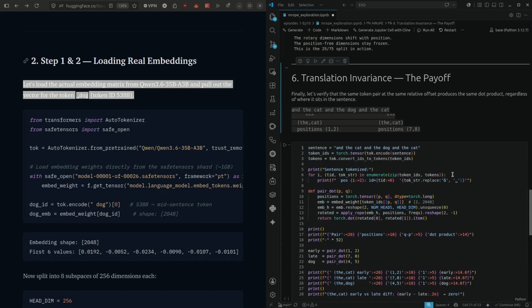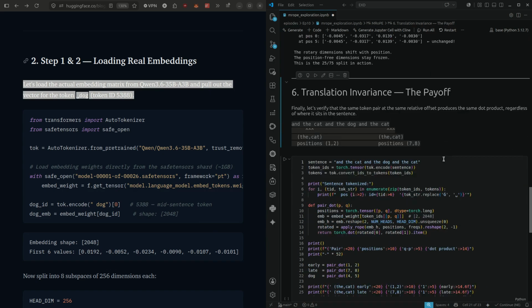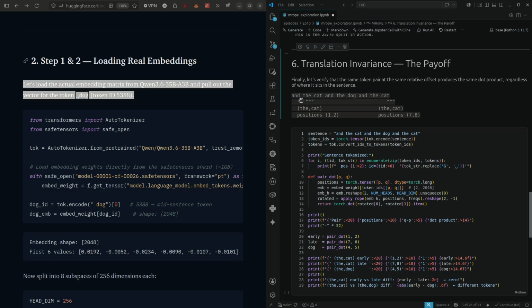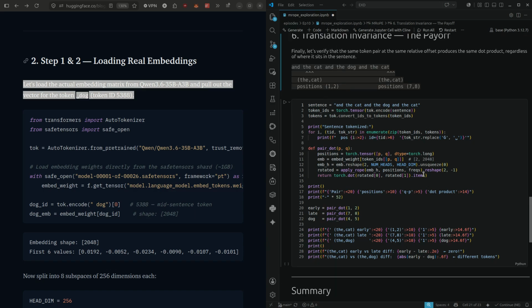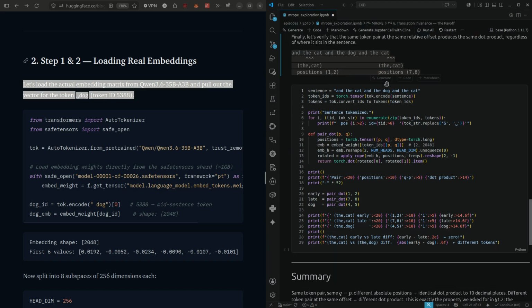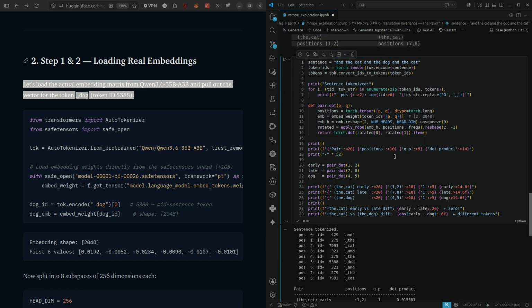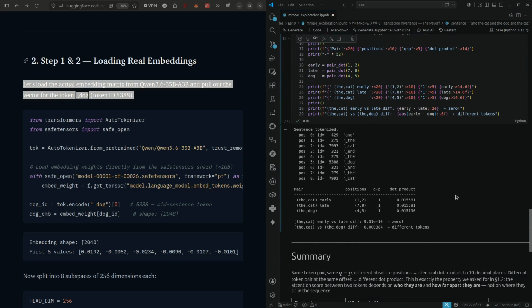Okay, now what we want to show is that if we do this for the cat and the dog, right? The dot product between the and the cat here will have different values because they are rotated based on their position 1 and 2. And the dot product between the cat and the dog here will be the same. Okay? Through this kind of rotation that we've done. That is what this does. And here you see.